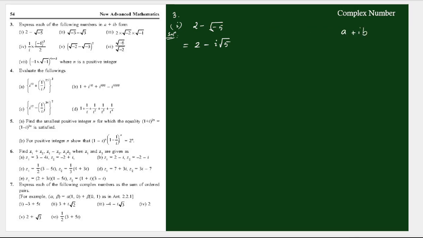So the minus we have to make plus. So a is your 2 plus i, and b will be your minus root 5. So this is your a plus ib form.